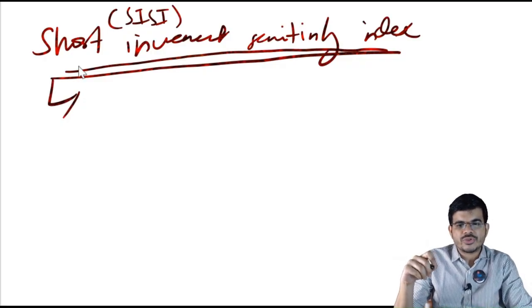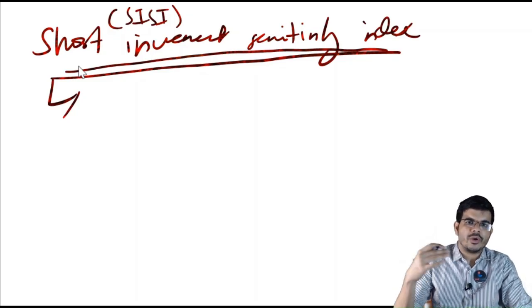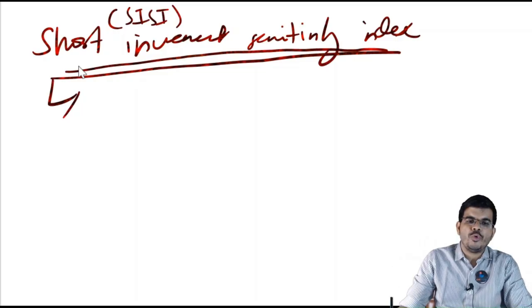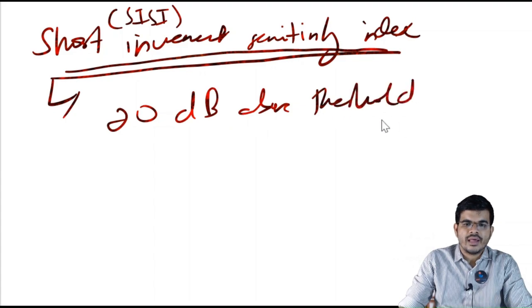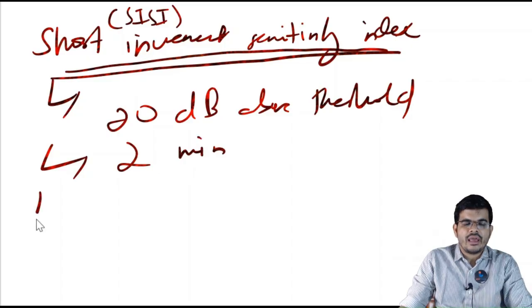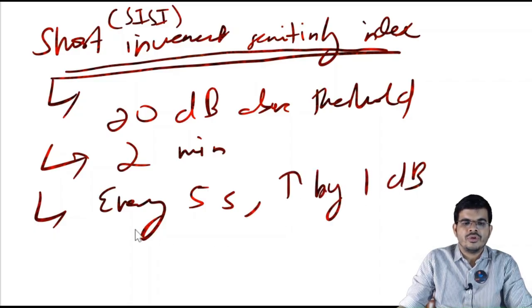A continuous tone is present at 20 decibel above the threshold, and it is sustained for 2 minutes. Every 5 seconds, the tone is increased by 1 decibel, and 20 such blips are given.